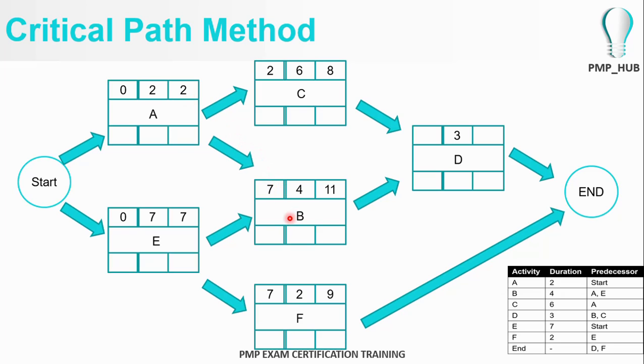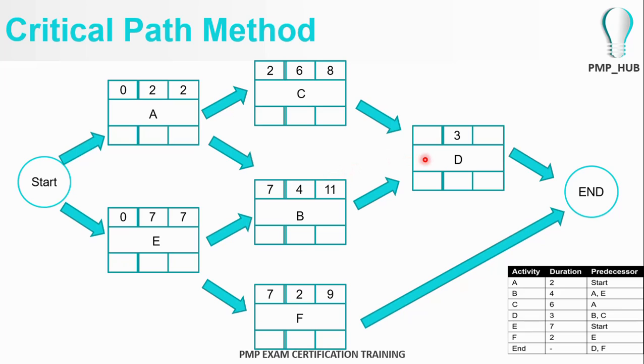So activity B, the earliest start time is day number 7. The duration is 4 days, and then the earliest finish time is day number 11.